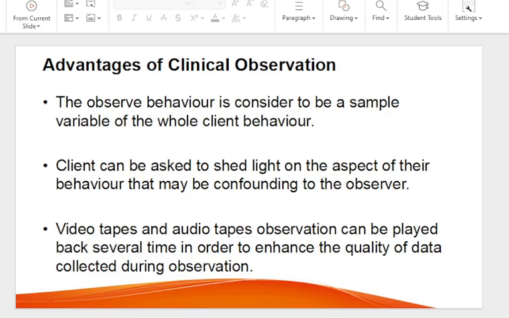Now, clients can be asked to shed light on the aspect of their behavior that may be confounding to the observer. In the case of clinical observation, like we said in direct observation, where it could be obtrusive or unobtrusive, you can ask clients to shed more light on the aspect of their behavior that might be confounding to you. Perhaps in the usage of phone case, you observe that the person is usually just taking up the phone to just press the volume button and then putting it down.